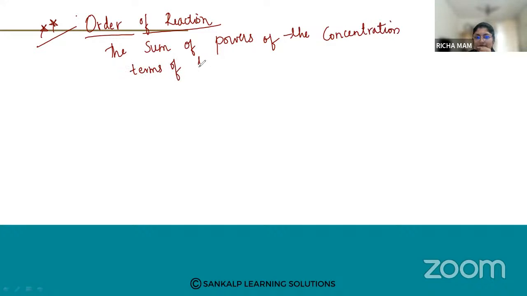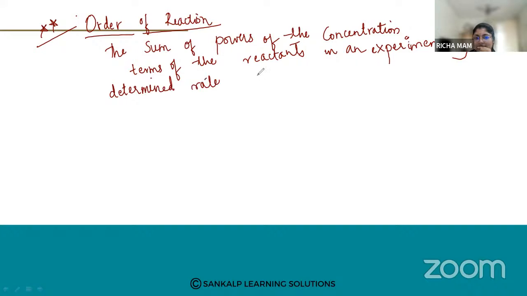It is defined as the sum of the powers of the concentration terms of the reactants in an experimentally determined rate expression.